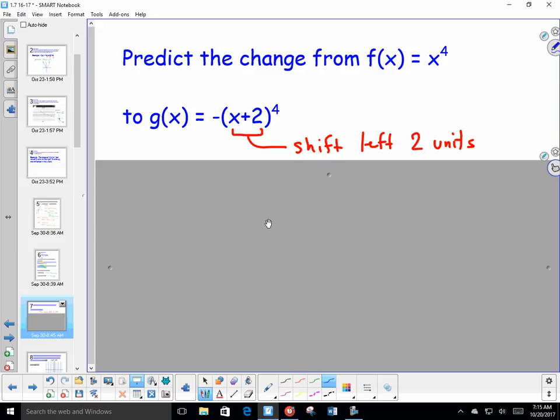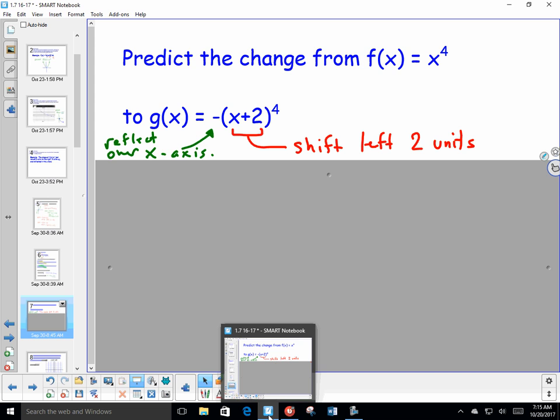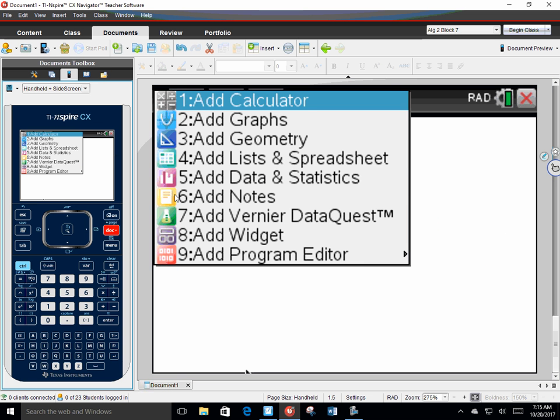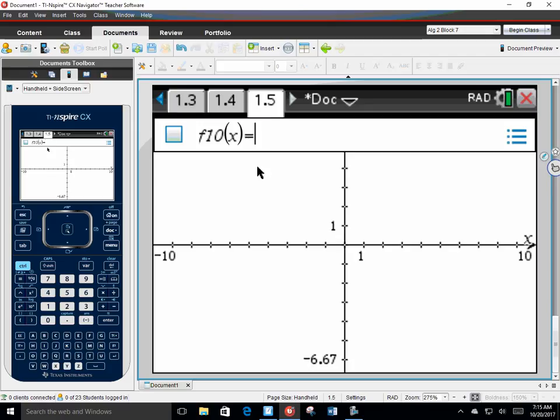And what about the negative in front? If the negative's in front of the whole function, that's a reflection over the x-axis. So let's take a look at this on the calculator and see if this is actually true. So I'm going to add a new page, new graphs page. Let's get that parent function there.